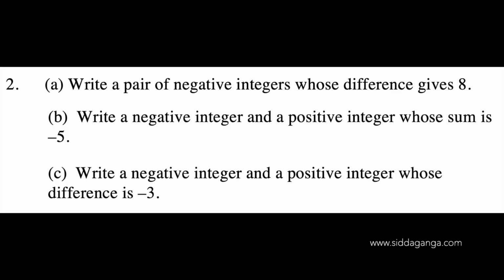Write a negative integer and a positive integer whose sum is minus 5.